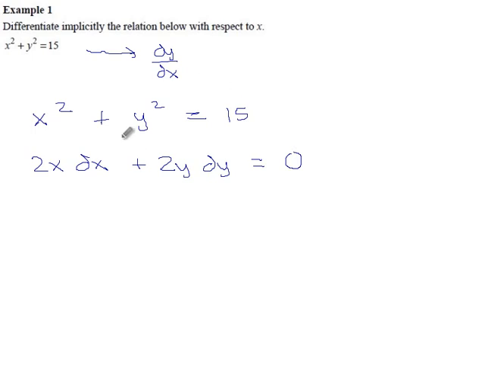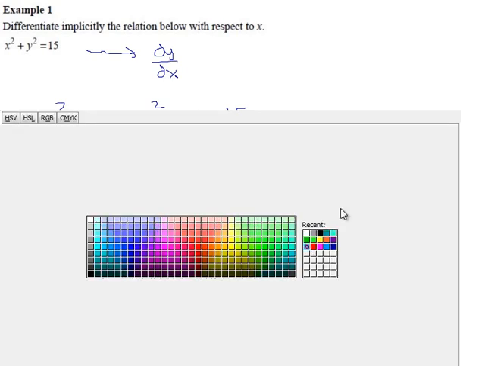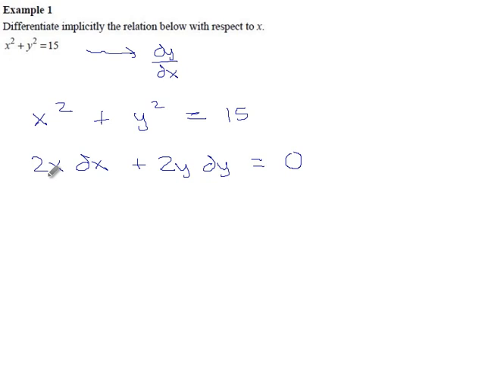Now, what the workbook does at this point is instantly divide everything by dx, which you can do. There's one version where you separate the dy's to one side and the dx's to the other. The version that they're using, and I guess I don't mind following that, is at this point divide every term by dx.